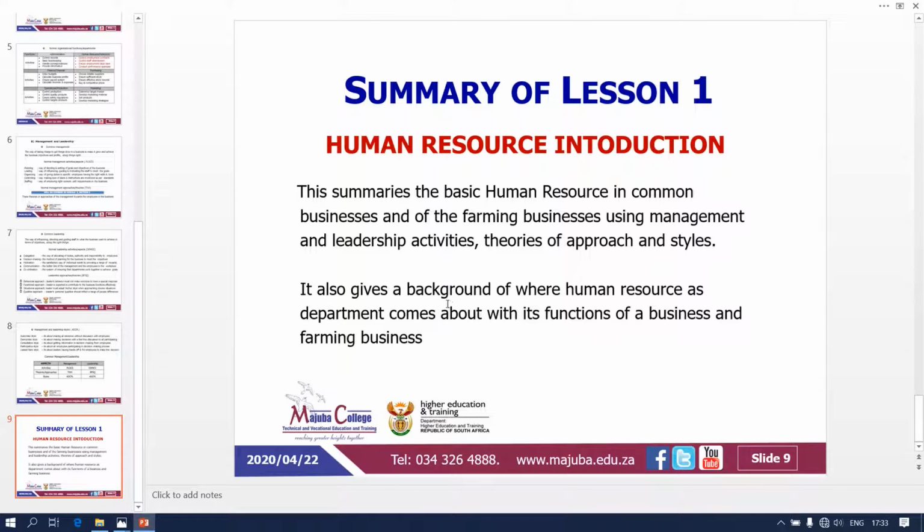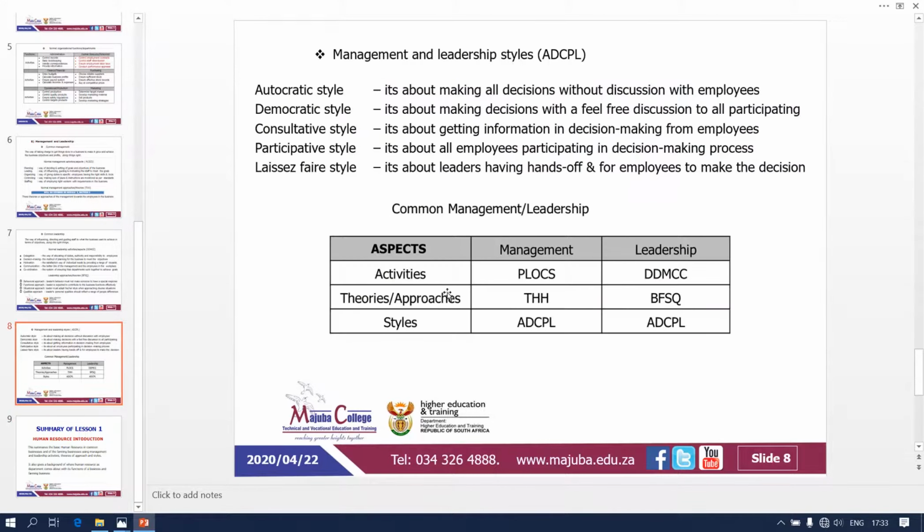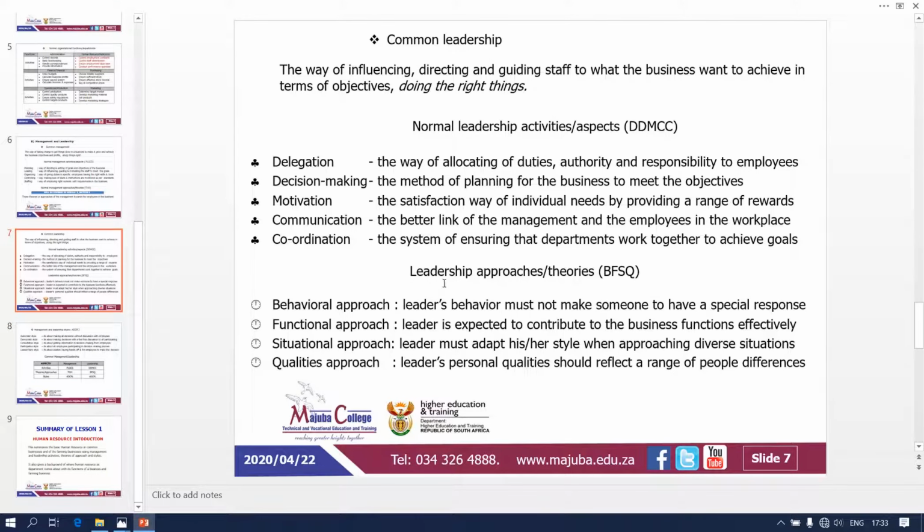I think for this lesson we covered management and leadership styles, which I think you still remember. We also covered the activities and the approach for leadership, which does not exclude management.